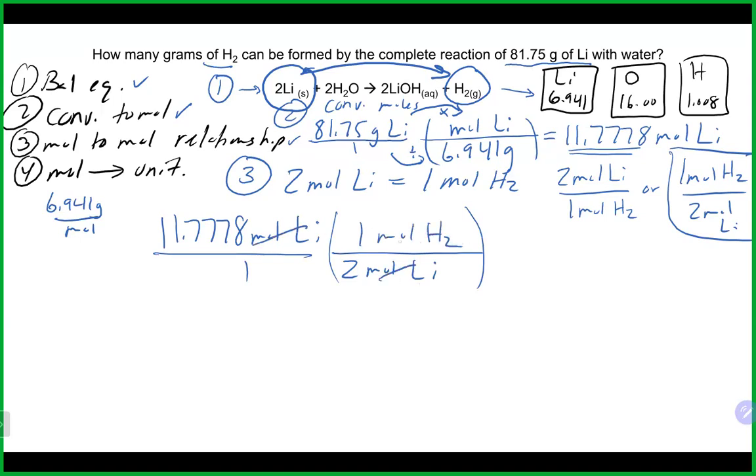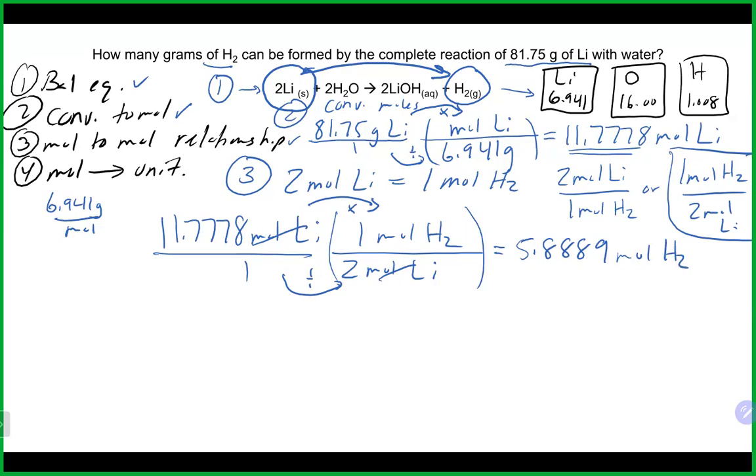Moles will cancel. Once again, dimensional analysis setup, multiplying and dividing, right? So we're going to divide our number there by 2, which gets us 5.8889. Again, not rounding too much at this point.